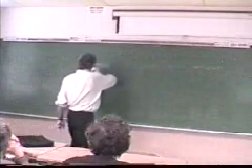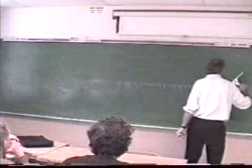Namely, the elements of norm less than lambda, and the same thing for Fourier.